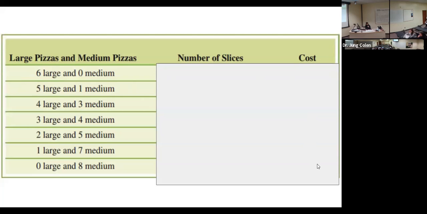Show me your thumb once you completed it. Okay, I will give you maybe 30 more seconds. One more time. Show me your thumb if you completed it.